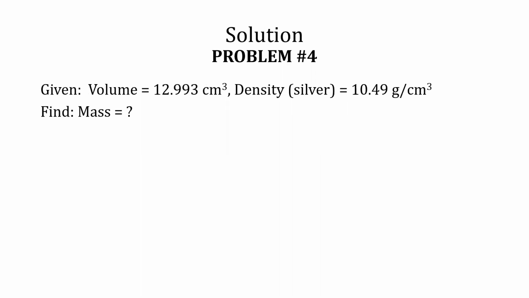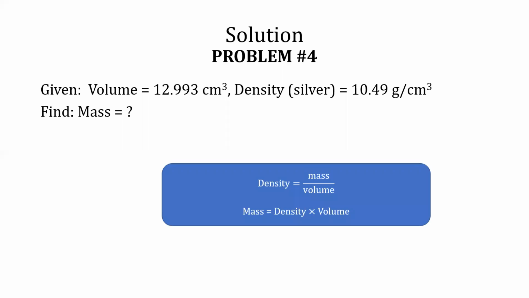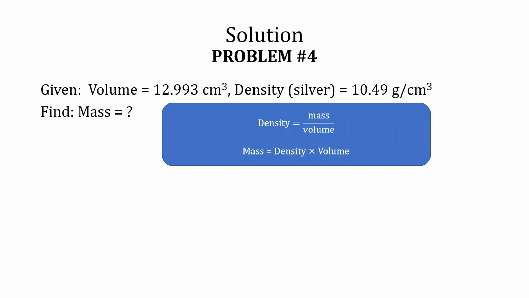Given the volume is 12.993 cubic cm and density of silver is 10.49 g per cubic cm, in order to find mass, one needs to rearrange the density equation to solve for mass.